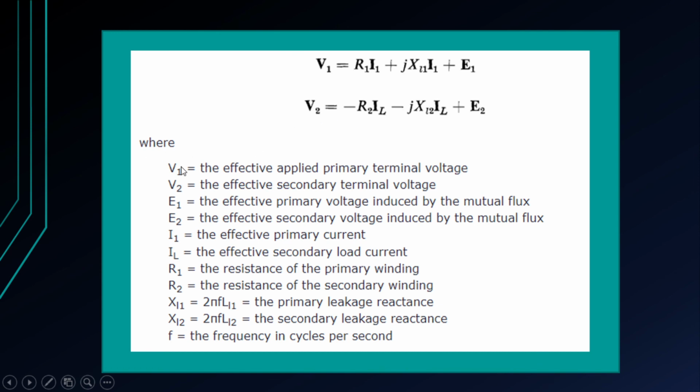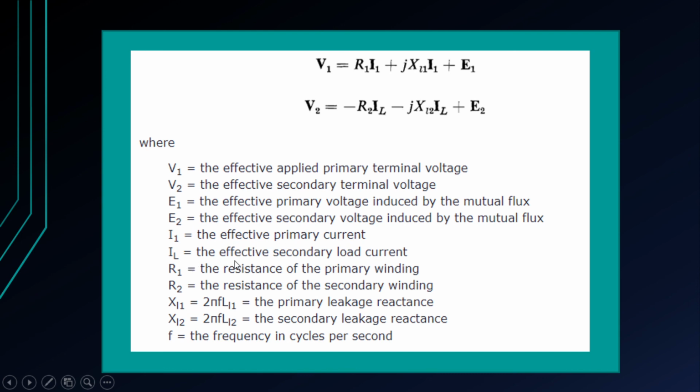Then, where the V sub 1 is the primary terminal voltage, V sub 2, the secondary terminal voltage, E sub 1 is the primary voltage induced by the mutual flux. E sub 2 is the voltage induced by the mutual flux. I sub 1, the effective primary current.